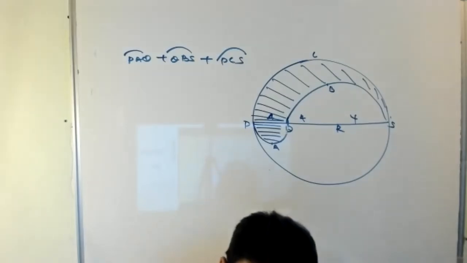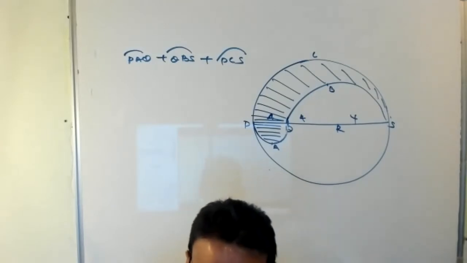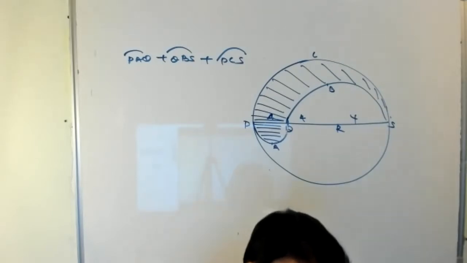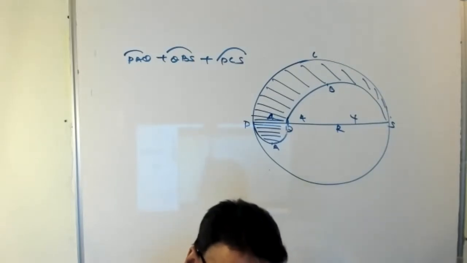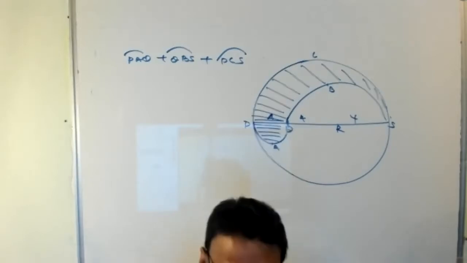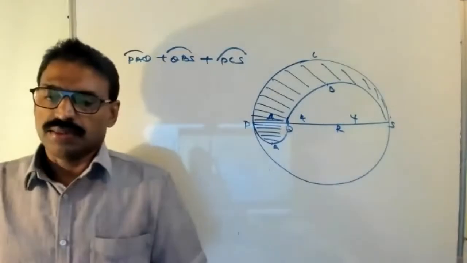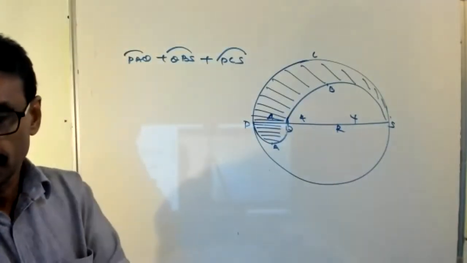Perimeter is 6.25? I don't think so. No, it's wrong, not 6.25. 37 may be right. Getting or not? Look here, you're right, correct.